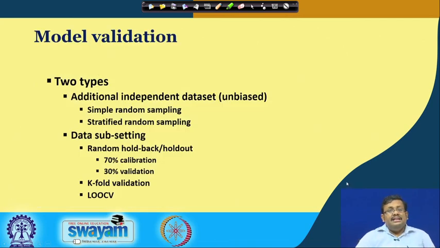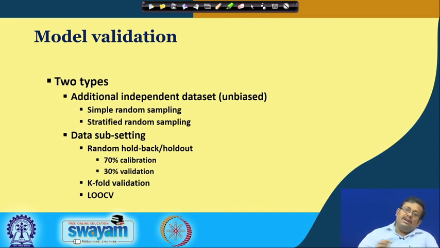So, let us see what are the different types of model validation. Model validation is of two types. The first way of doing model validation is using some additional independent data set, which is unbiased, and we can draw that by simple random sampling or stratified random sampling. This is the best way.